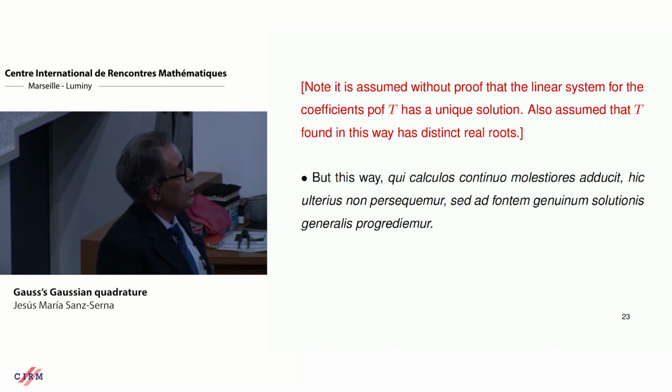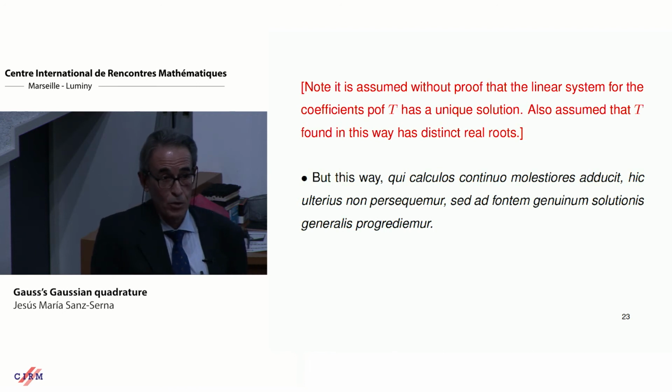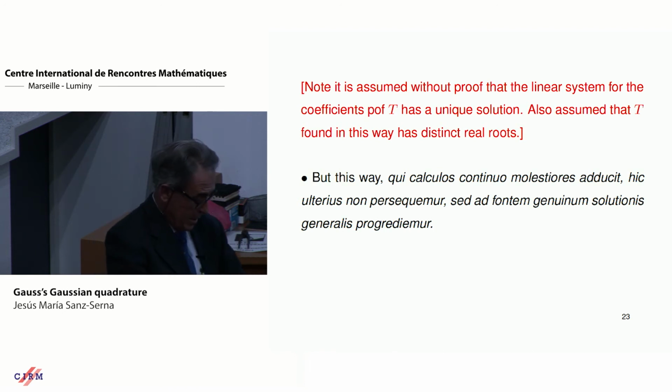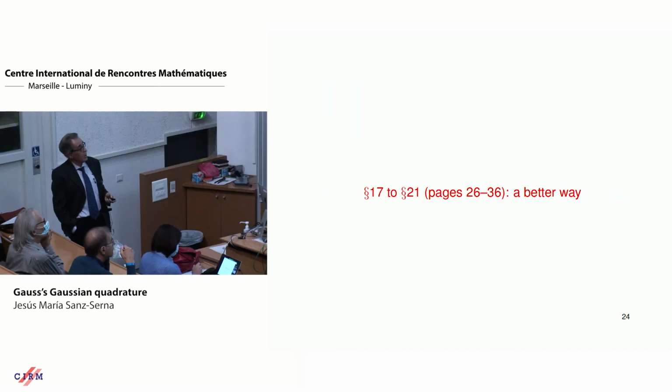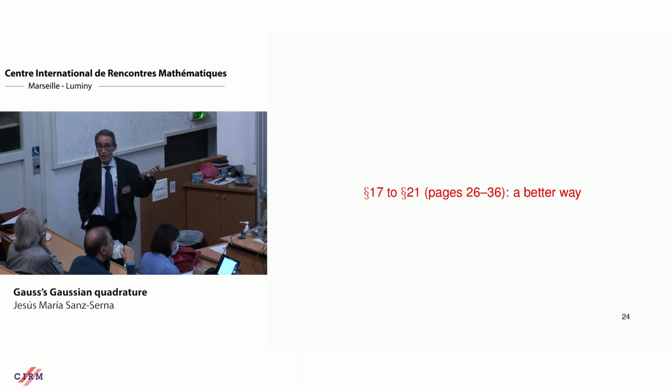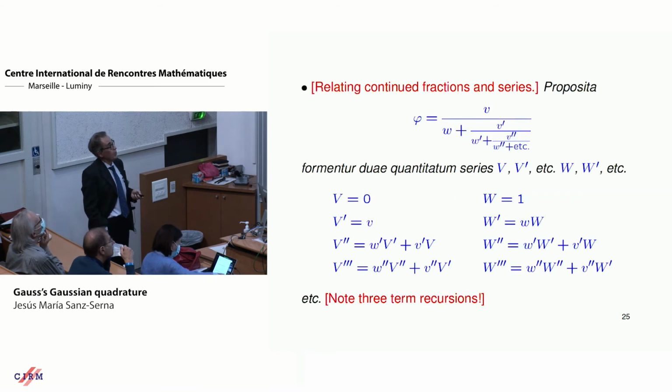We will not proceed further with them, because we are not going to advance to the source of the genuine solution. I think this is quite a nice sentence, right? So from pages 26 to 36, he now does better than solving the linear system of equations to find the coefficients of the polynomial.